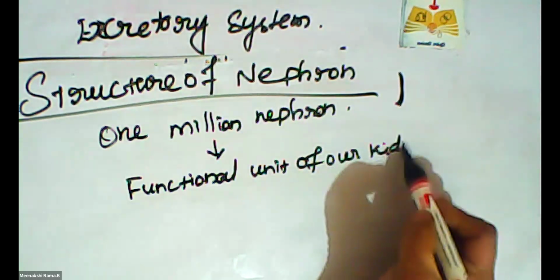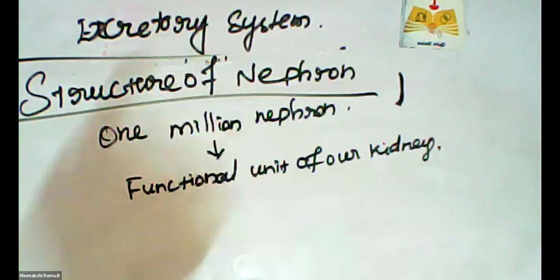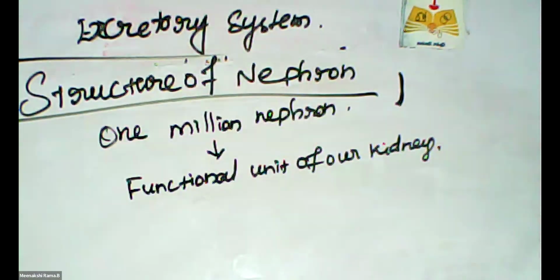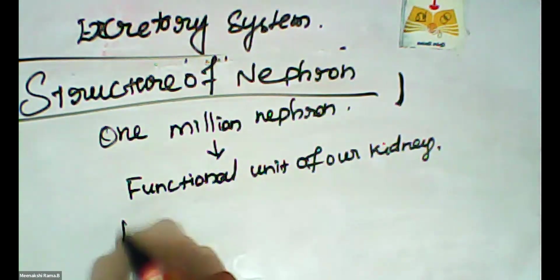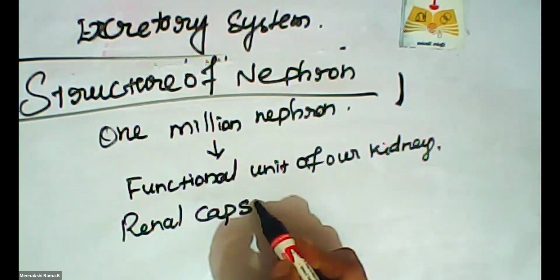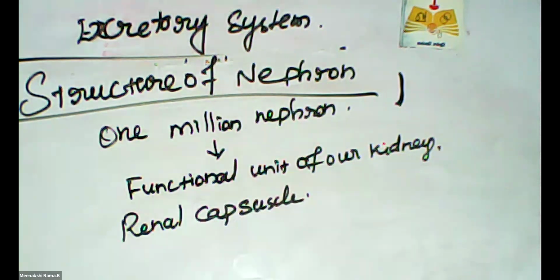So this is the important part of kidney because this is the functional unit. Each nephron consists of the renal capsule and then renal tubule.